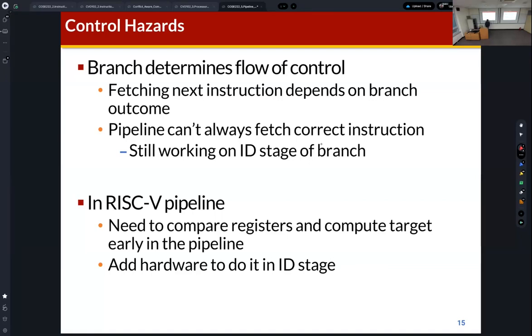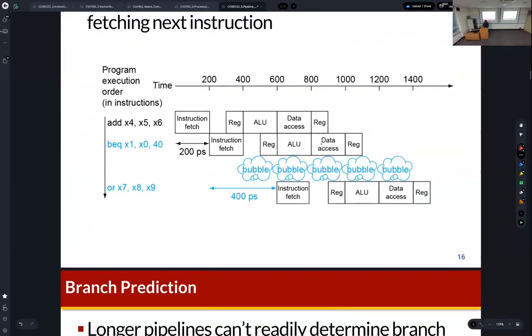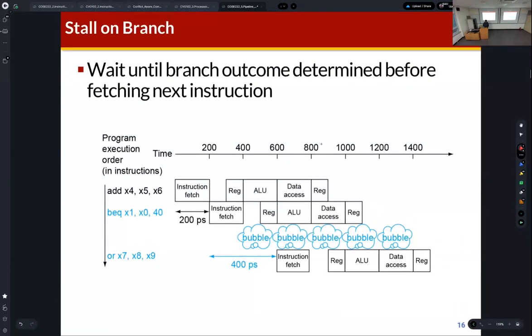Okay, why? I will explain with an example. You can find this example here. This is the add instruction, and then this is the BEQ instruction, right? For the add instruction, this is the instruction fetch, ID, execution, and write back.